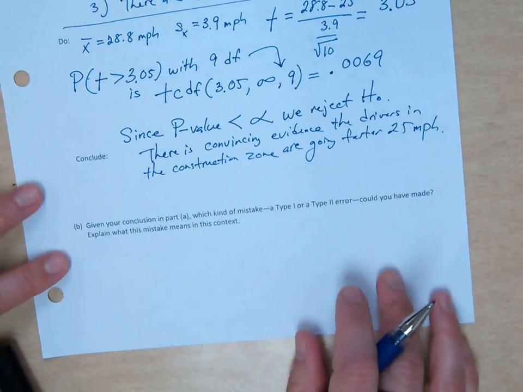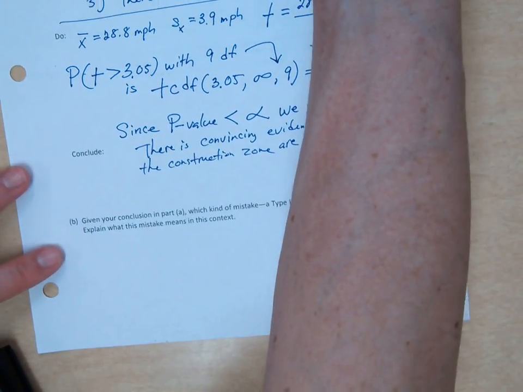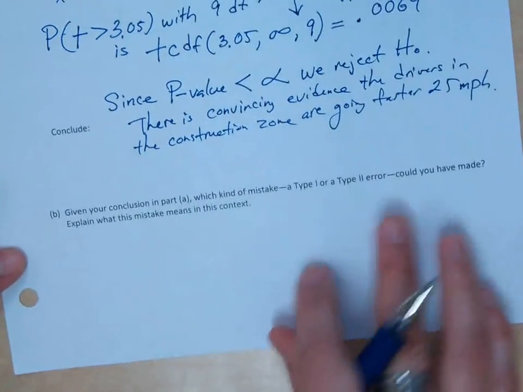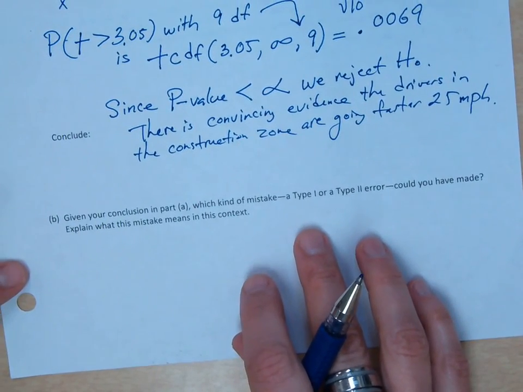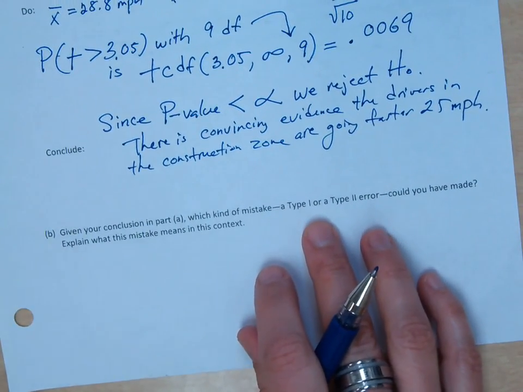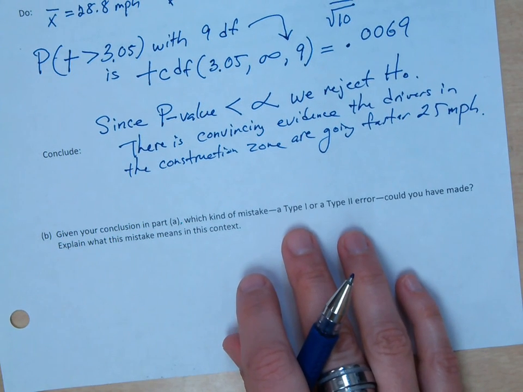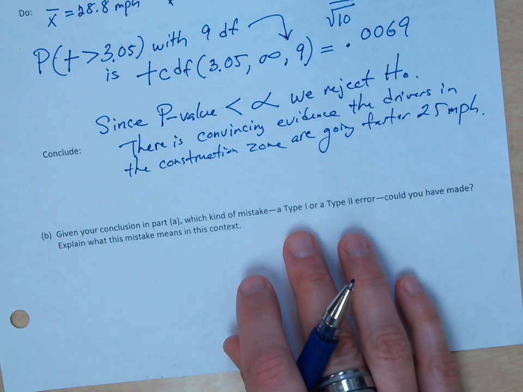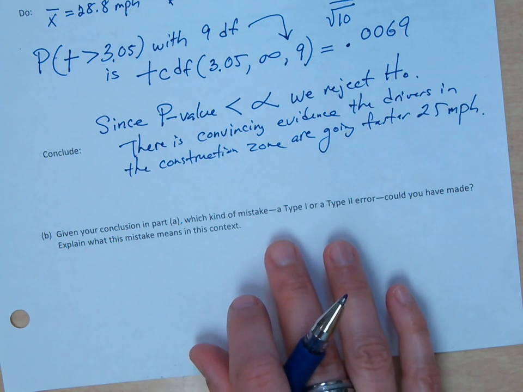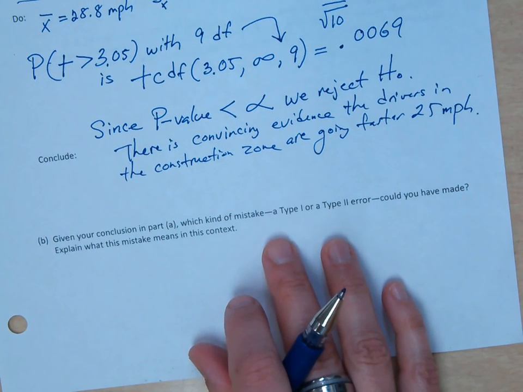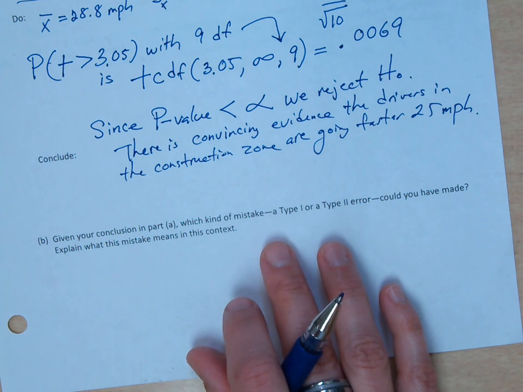Now let's use what we learned from Amit on the type 1, type 2 errors. What sort of error could we have made, type 1 or type 2, and then what does that mean? So we ended up rejecting the null hypothesis, right?